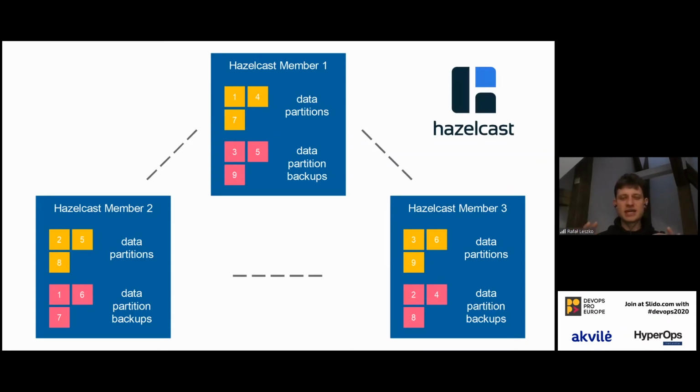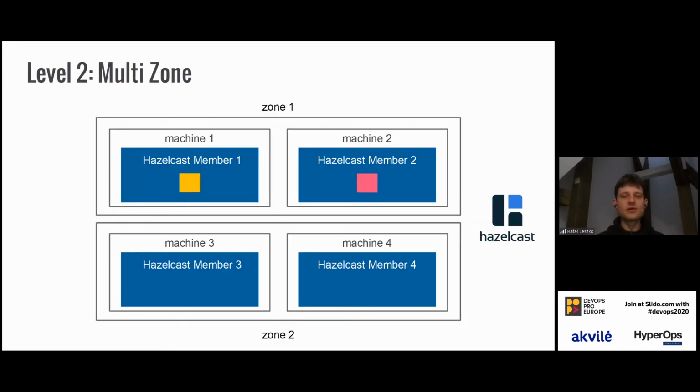So this is Hazelcast and data partitions. We are guaranteed that the backup partition is stored on a different member. But it may happen that the backup of the partition is stored on a different Hazelcast node, but they both may be in the same availability zone. And now if zone 1 is down, we lose the data. And that is definitely not what we would like to have.